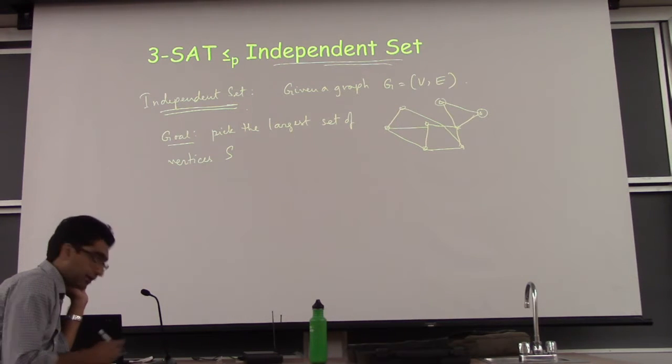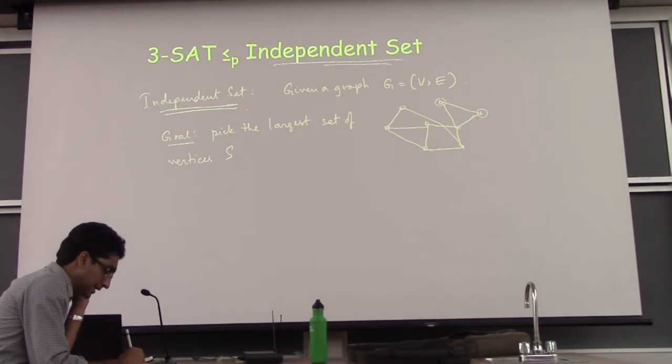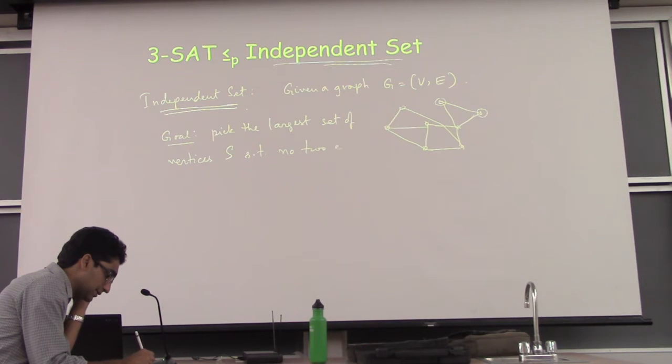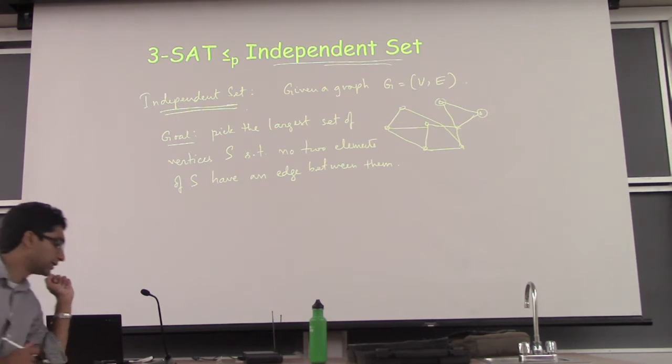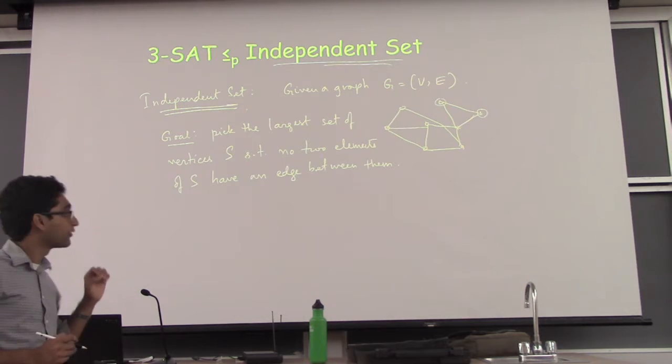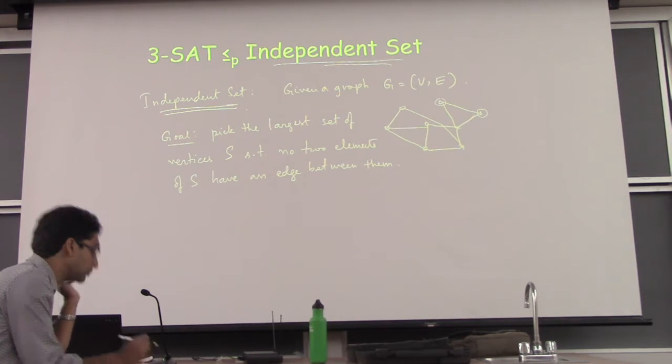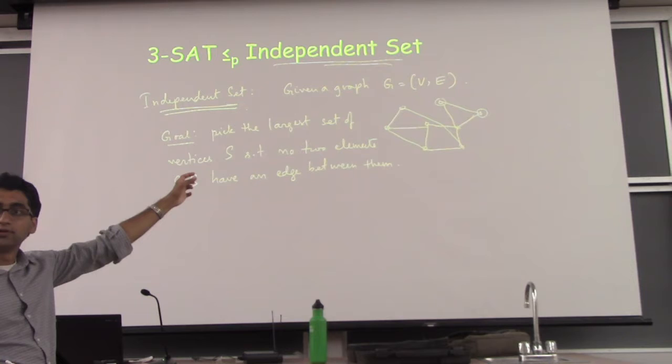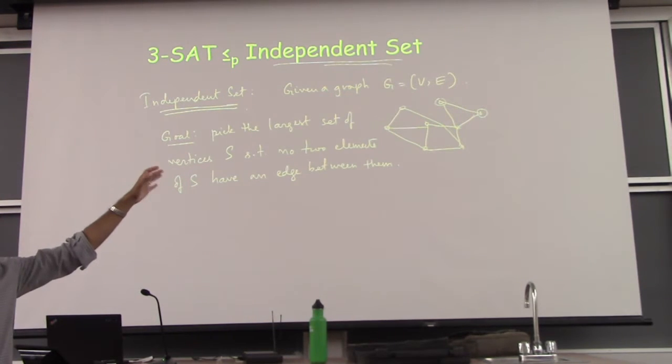V consists of all of these vertices. Of these you want to pick the largest possible set S, such that no two elements of S have an edge between them. This is what's called the independent set problem. For instance, I can't pick these two vertices that I circled. They cannot be part of S because they have an edge between them.